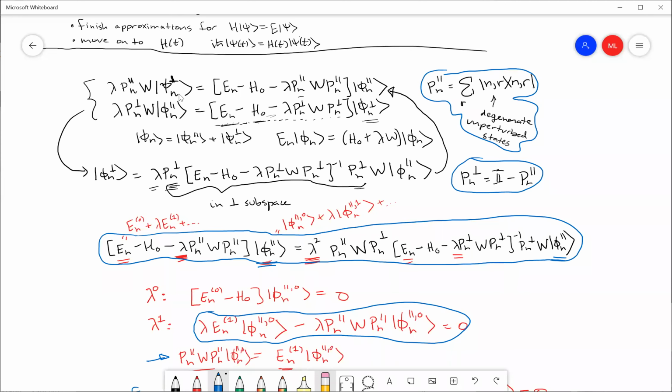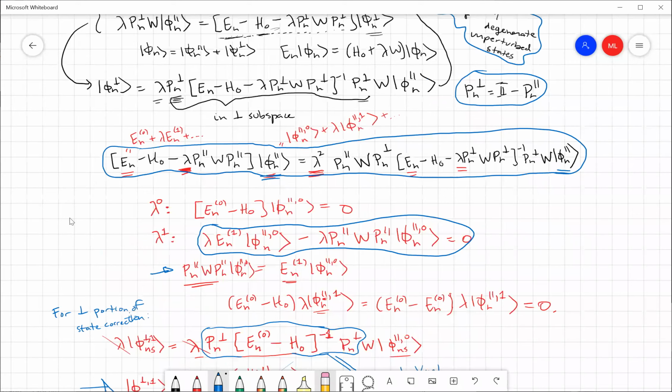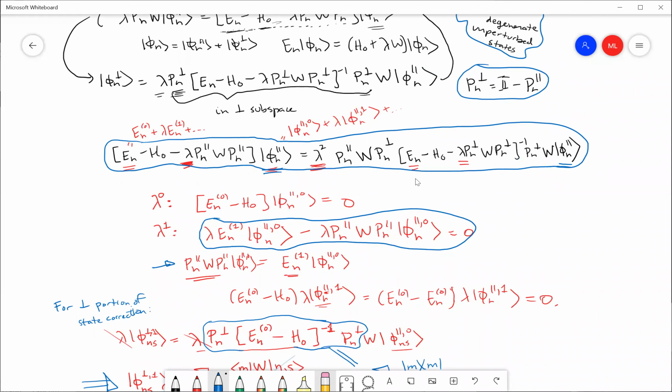So what you do then is you break up your states into a piece that you can invert, the perpendicular piece, and then you leave the parallel piece alone and you plug in for the perpendicular piece, and eventually you should get into this form. This equation is actually quite powerful. This whole thing in blue is that equation in that parallel subspace.